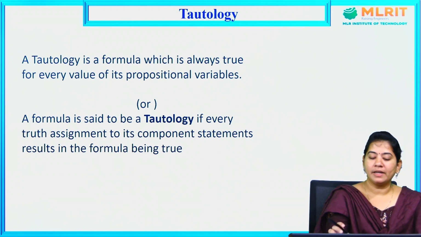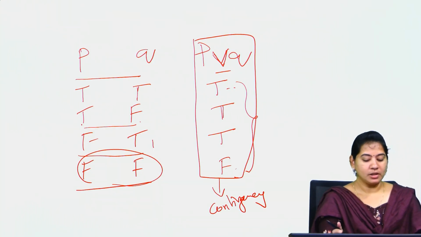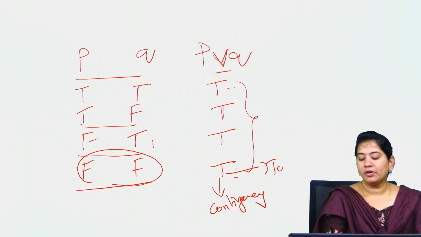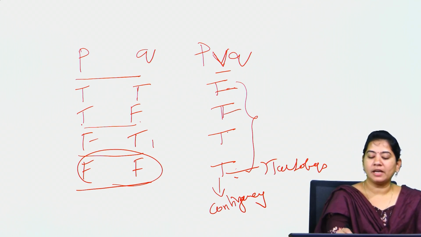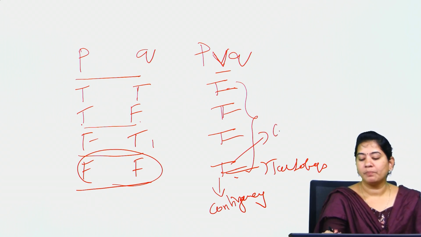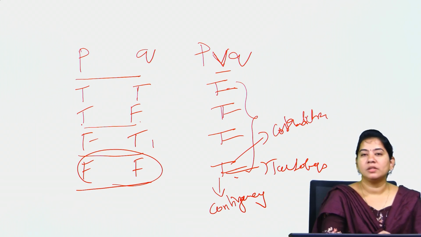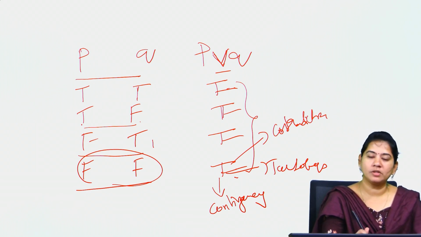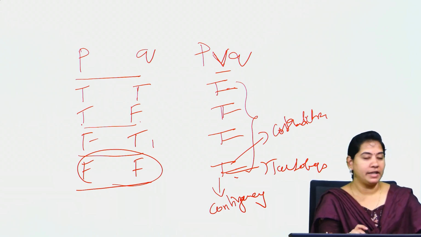Suppose if you get the last column also true, then it is a tautology. Suppose if you are getting all false statements in the last column, then we can say this is called contradiction. So these are all three derived from the construction of truth tables of the connectives only, that is tautology, contradiction and contingency.